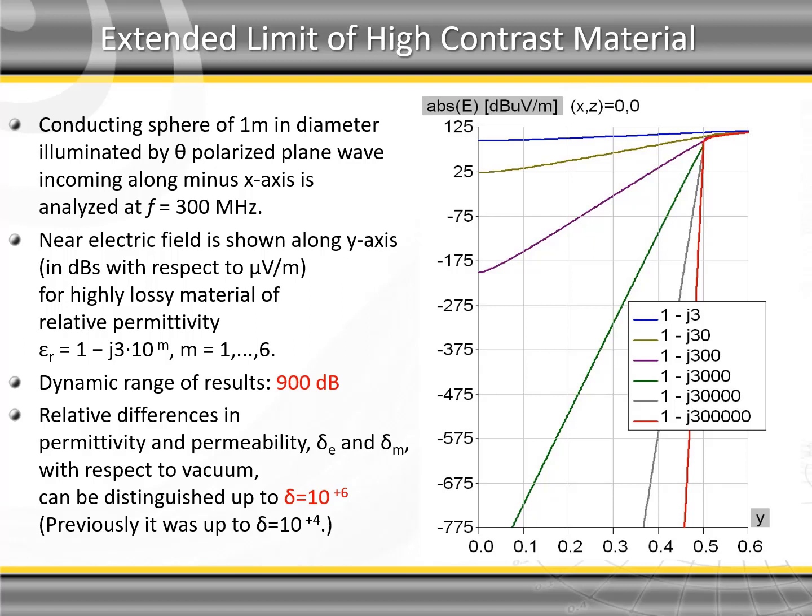Electric near field is shown along the y-axis for relative permittivity increasing from 1.3 up to 1 plus 3 multiplied by 10 to the 6. Dynamic range of results is 900 dB. A relative difference in permittivity and permeability with respect to vacuum can be distinguished up to 10 to the 6.